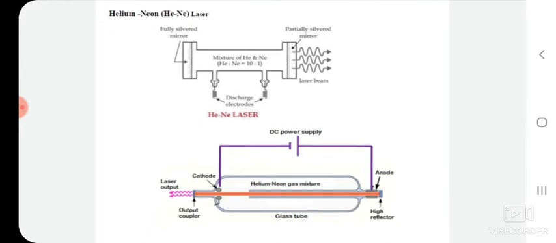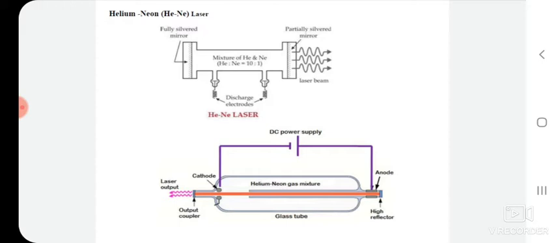In the last lecture, we discussed a ruby laser. Today we are going to extend that and discuss another type of laser, that is the He-Ne laser.